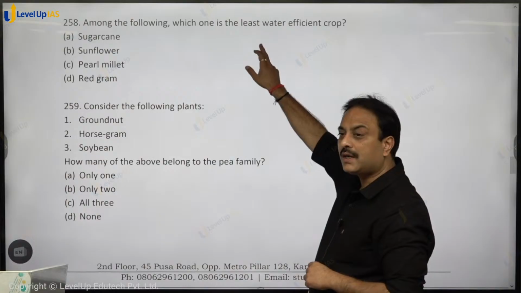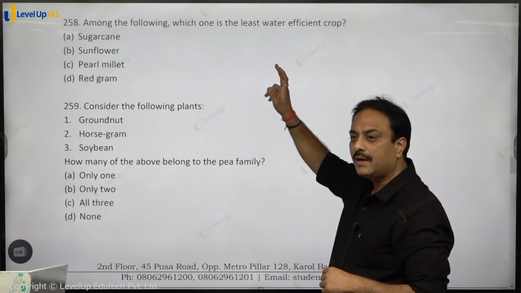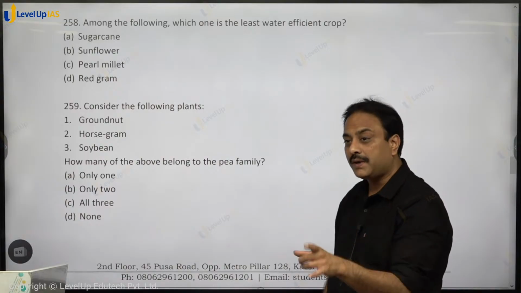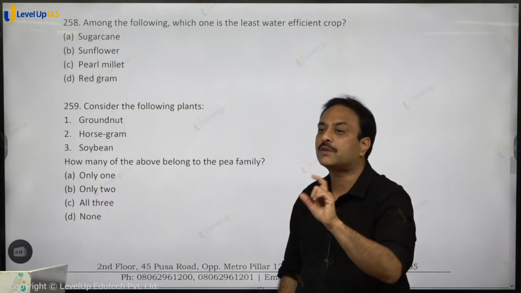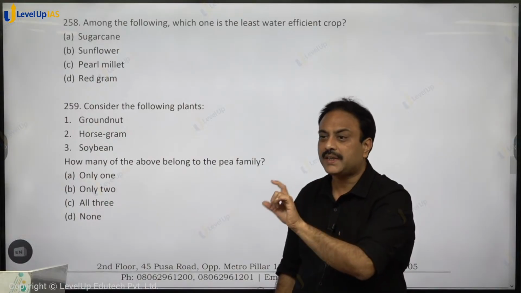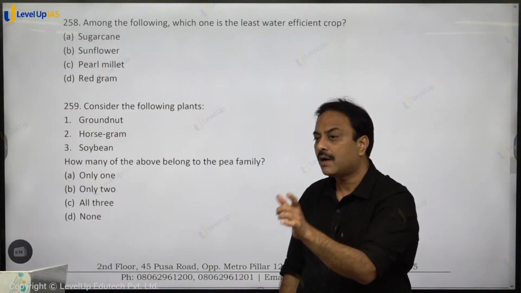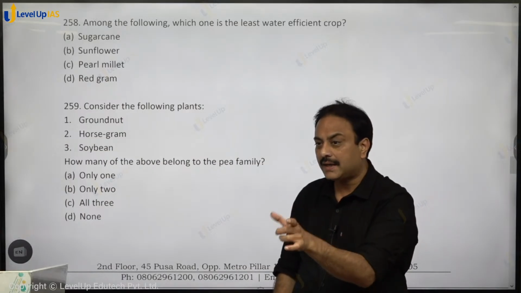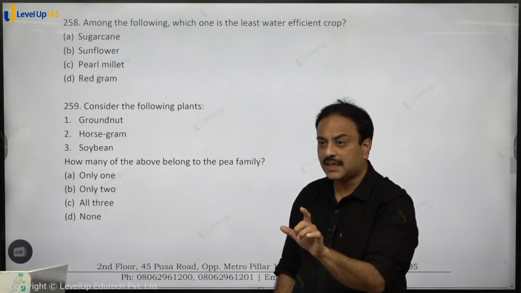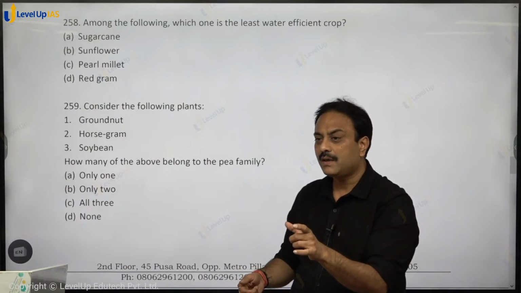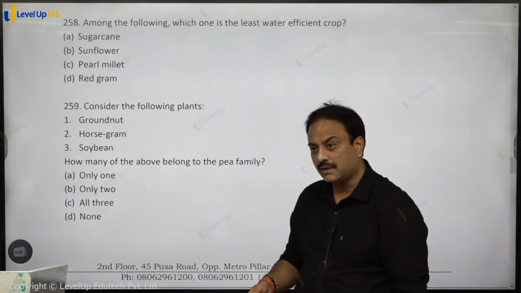Water efficient means the plant's efficiency with water is very good, so it can use water efficiently even with little water. So farming is possible even in less water. That is water efficient. Least water efficient means maximum water consumption. Sugarcane.